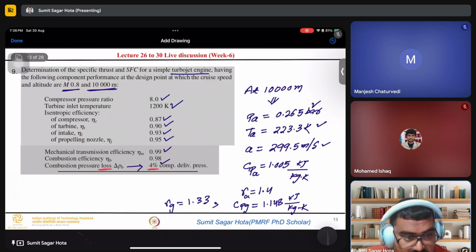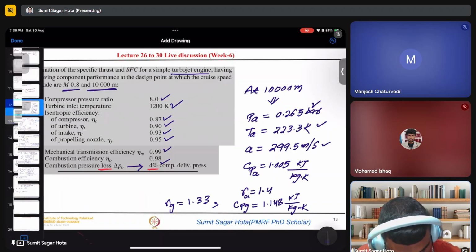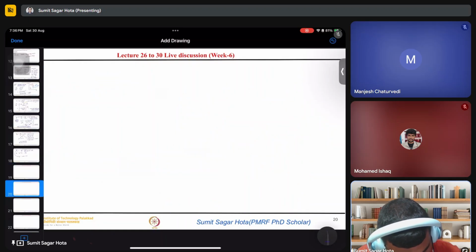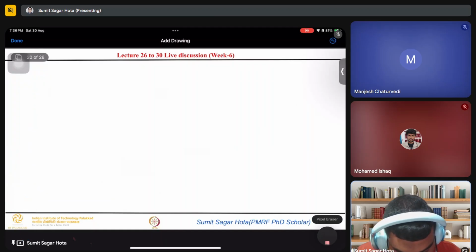It's near impossible for you to solve if you don't know the formula of the critical pressure ratio, because in the question nothing is given. You think, nothing is given, how will I find it? So for that you should remember these formulas of the critical pressure ratio.